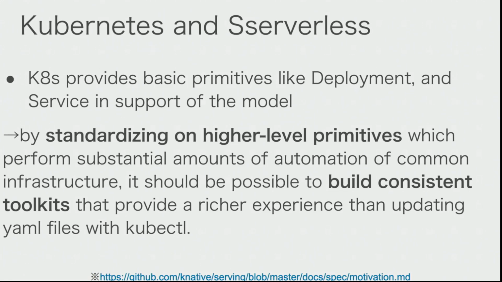Then, in addition to that, Knative realizes this by standardizing on higher level primitives, which perform substantial amounts of automation of common infrastructure. It should be possible to build consistent toolkits that provide a richer experience than updating YAML files with kubectl.